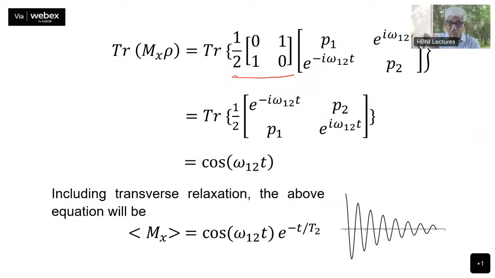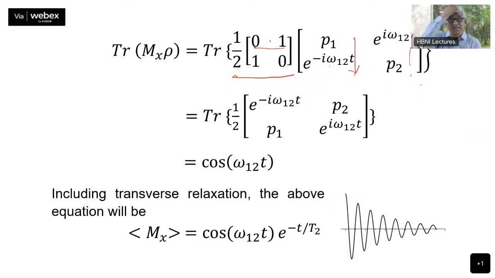Now you multiply this with the density matrix. We are taking trace Mx rho, and this is my density matrix. You take the matrix multiplication here. Matrix multiplication is what? This into this gives me the first element. This into this gives me the second element. This into this gives me the third element. And this into this gives me the fourth element.